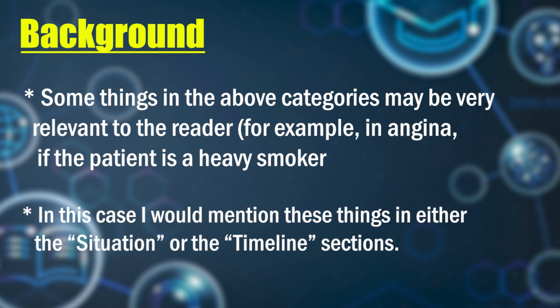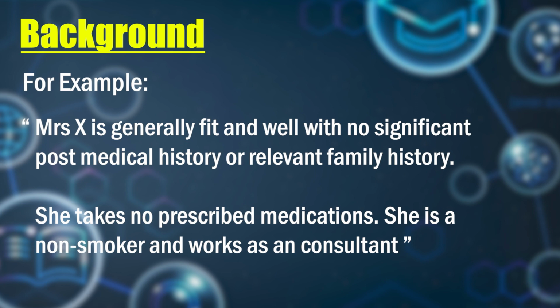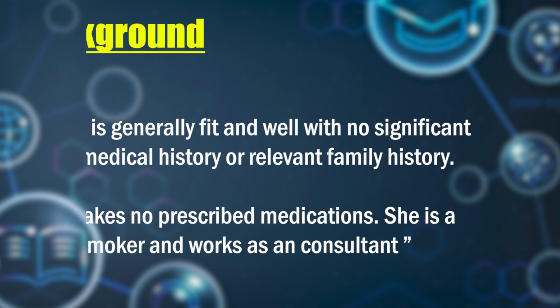In this case, I would mention these things in either the situation or the timeline sections. For example: Mr. X is generally fit and well with no significant past medical or relevant family history. He takes no prescribed medication, is a non-smoker and works as a consultant.